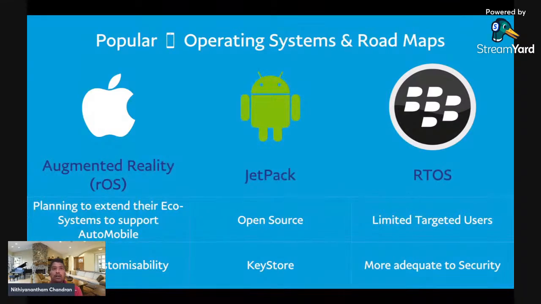Let's say, for example, if Elon Musk in future wants to use a smartphone, he might go to the BlackBerry people, because Elon Musk is a customer of BlackBerry technologies. By then BlackBerry can build a customized mobile particularly for him. That's how they improved their security.